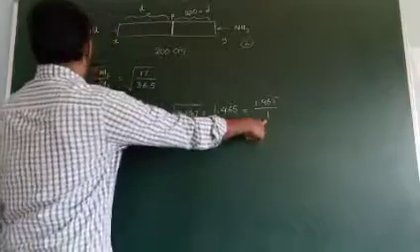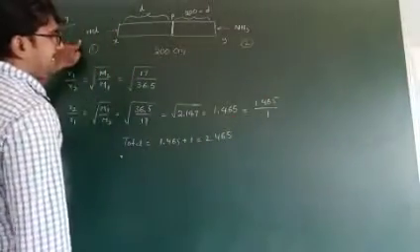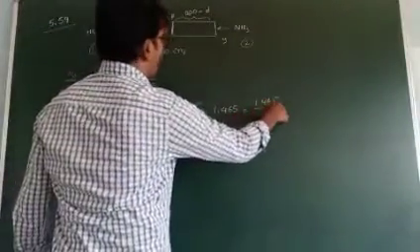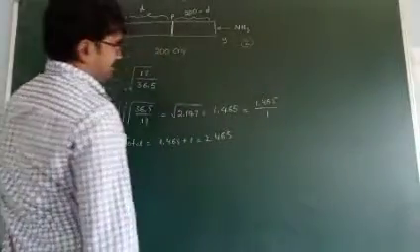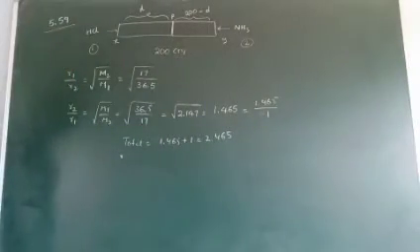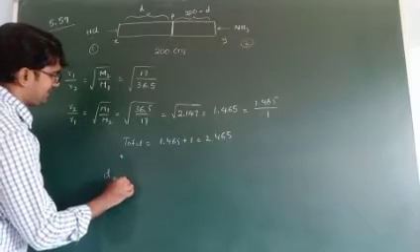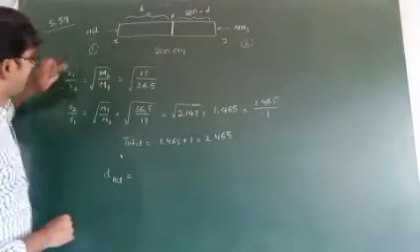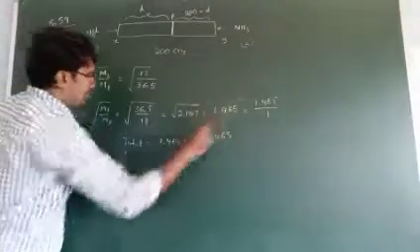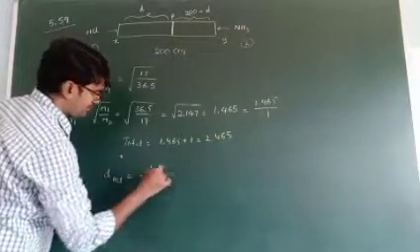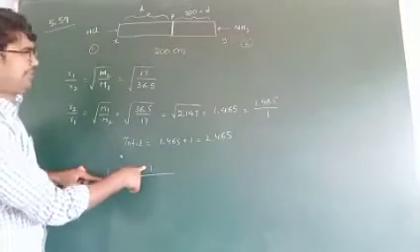So 1 part is for R1, HCl, and 1.465 parts for NH3. Now calculate the distance of HCl. Total only one part is present for HCl.